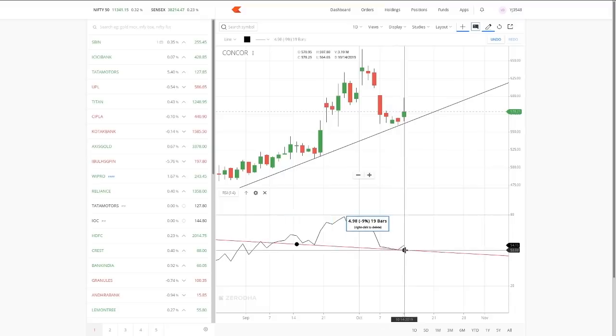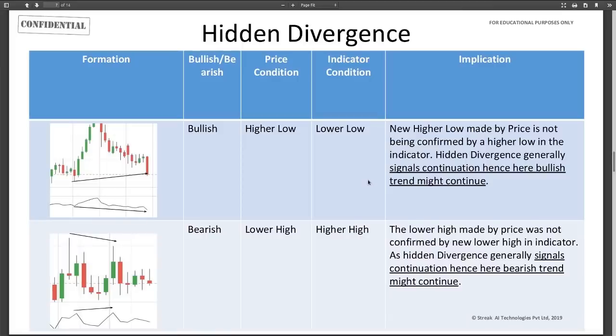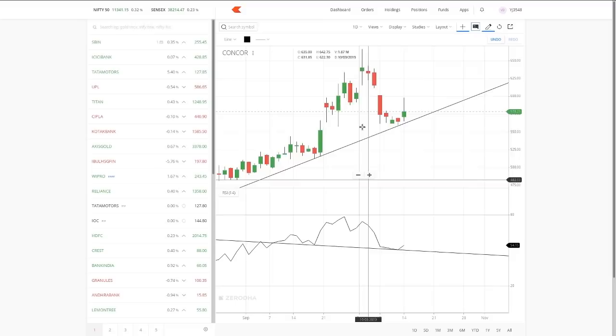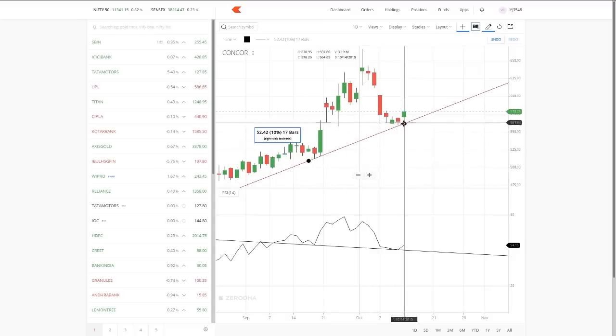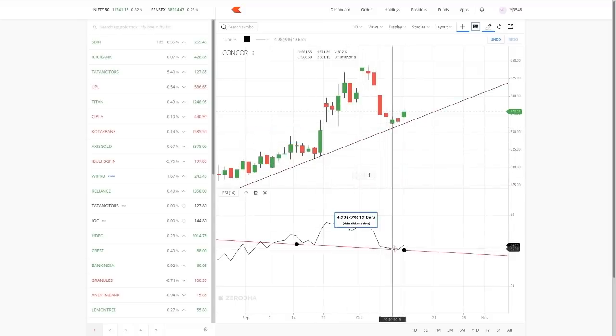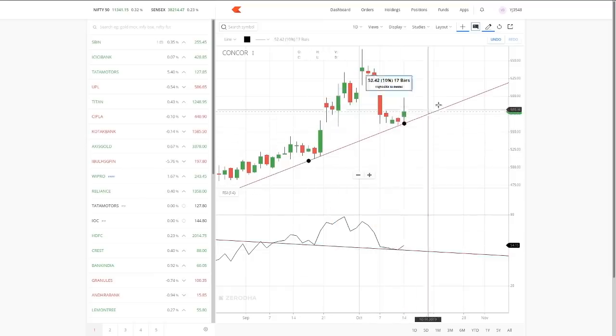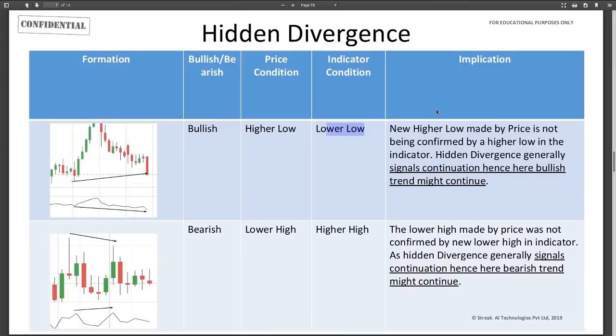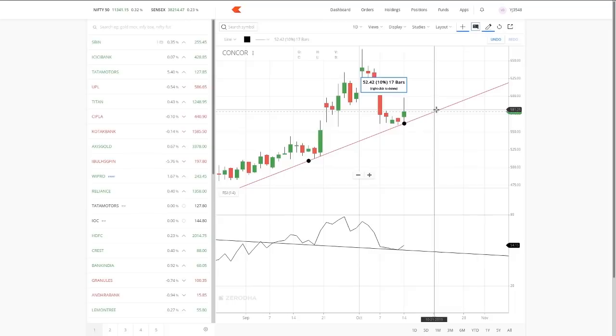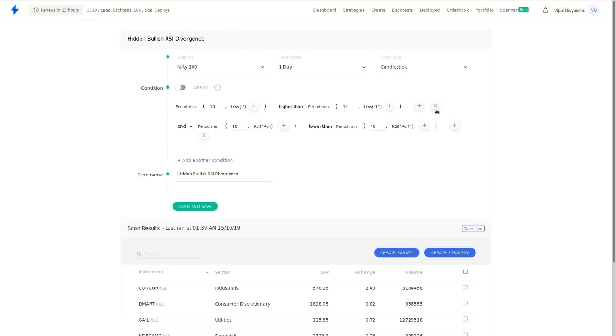So we can clearly see a bullish hidden divergence being formed, because price has formed a higher low, whereas the indicator has formed a lower low, indicating that the price is likely to continue in the upward direction. So that's an example of a bullish hidden divergence, because remember, in hidden divergence the price indicates the likely direction.